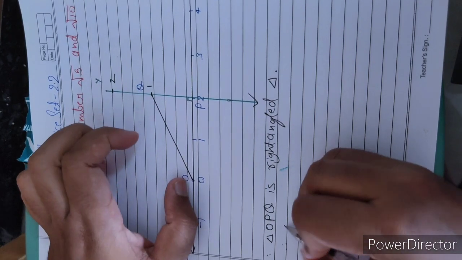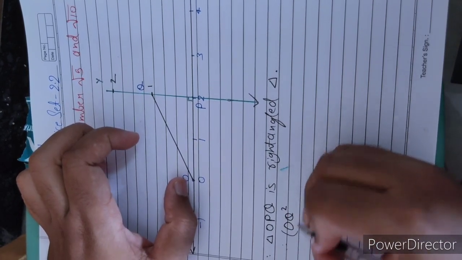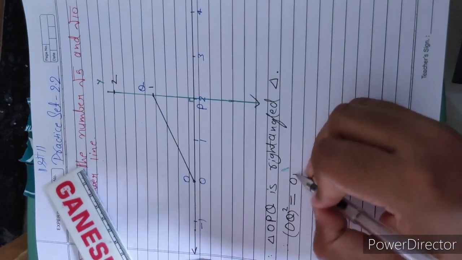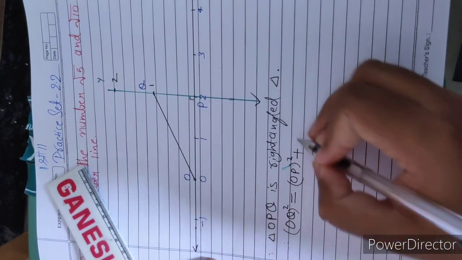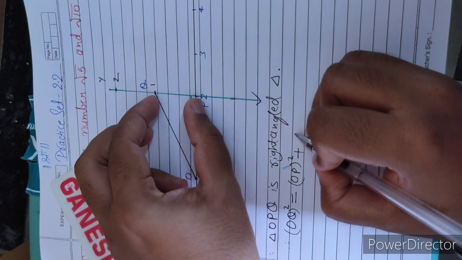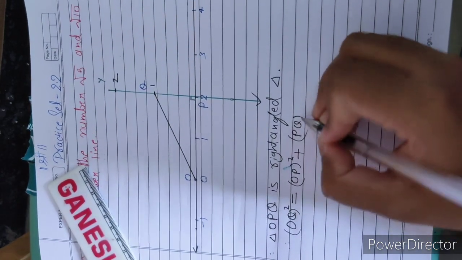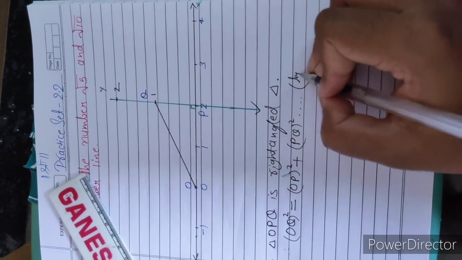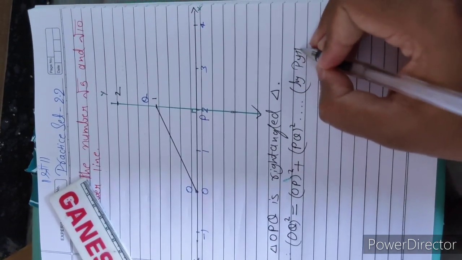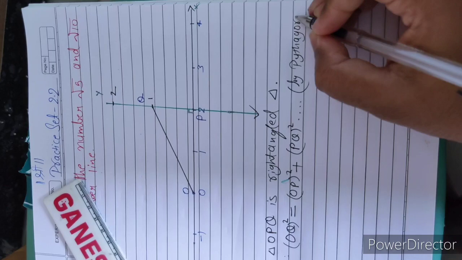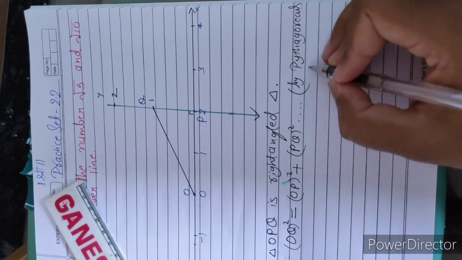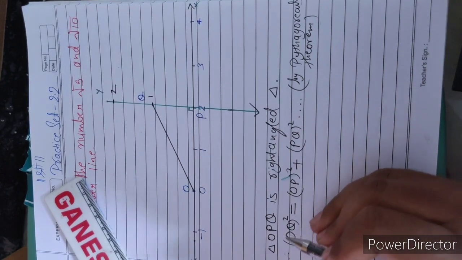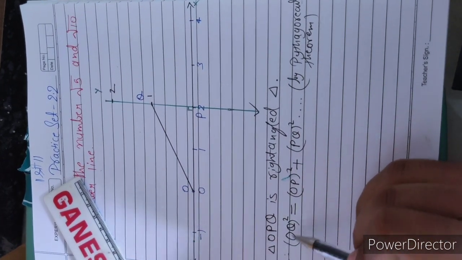So OQ square is equal to OP square plus PQ square. We mention the reason: by Pythagoras theorem.